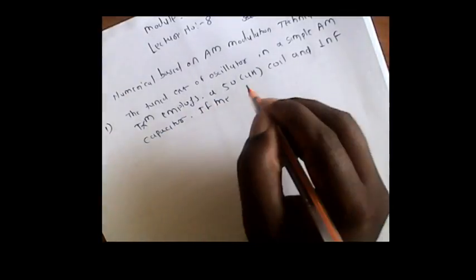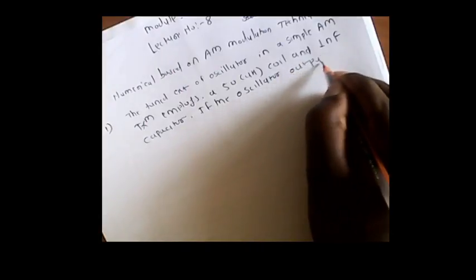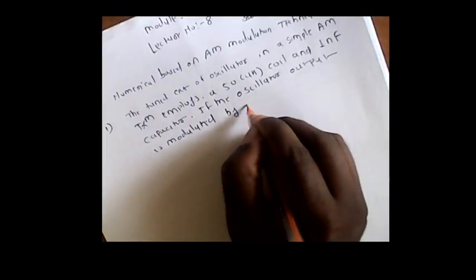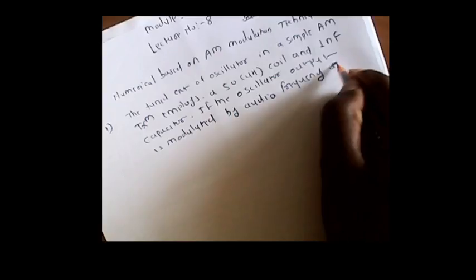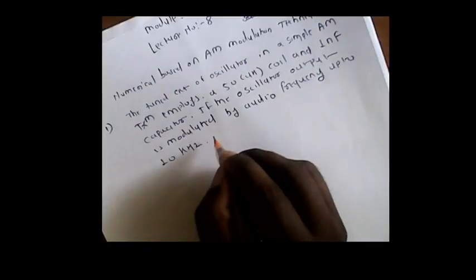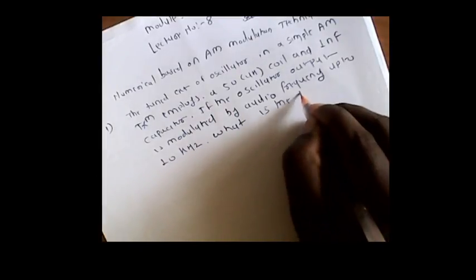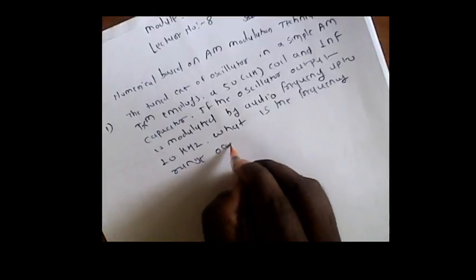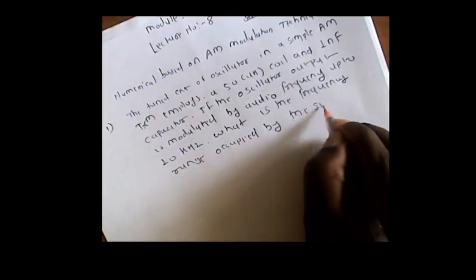If the oscillator output is modulated by audio frequency of value up to 10 kilohertz, then calculate what is the frequency range occupied by the sideband.